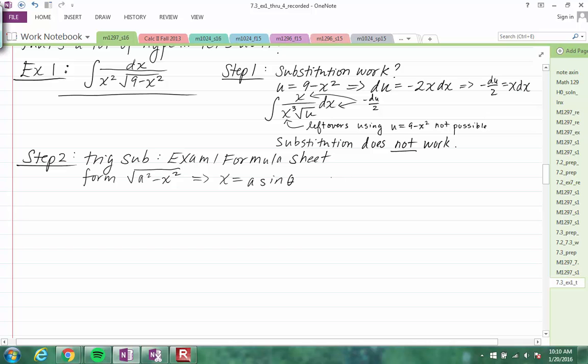So what we have is 9 minus x squared. That's the form that we identified as part of our integral. And note that that is equal to 3 squared minus x squared, which means our a is 3. So that means we're going to make the substitution of x equal to 3 sine theta.